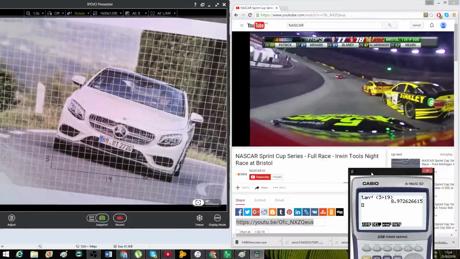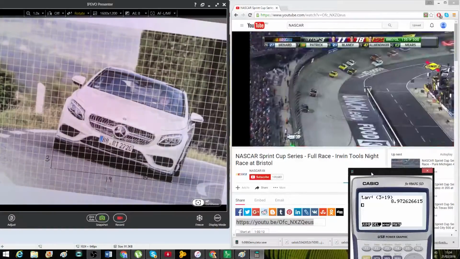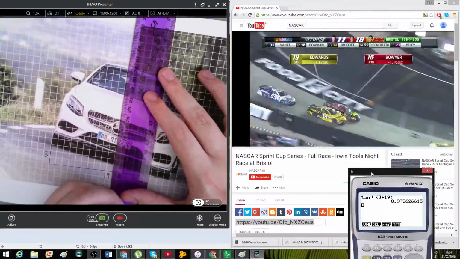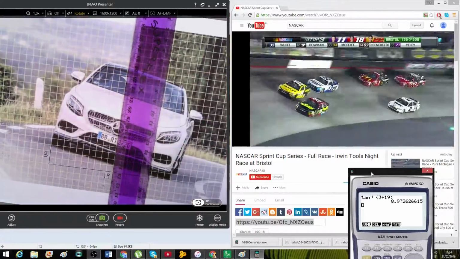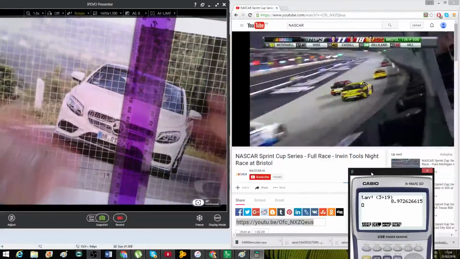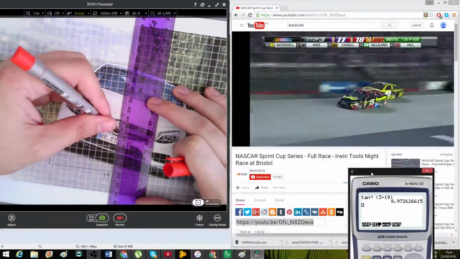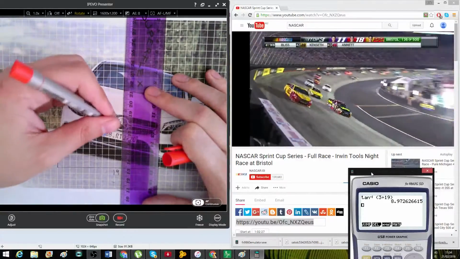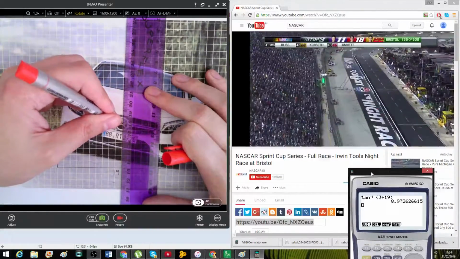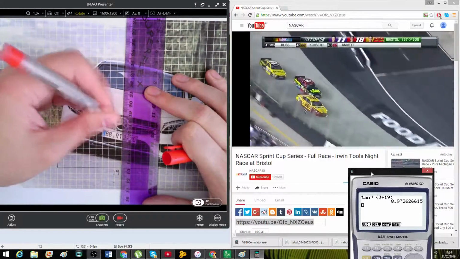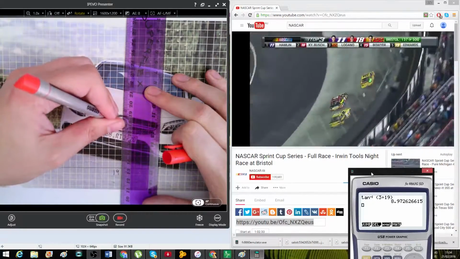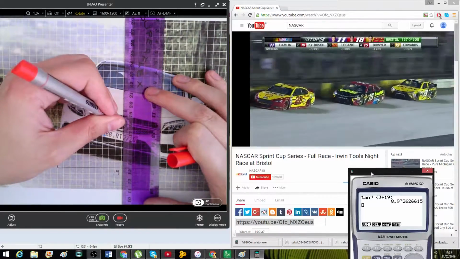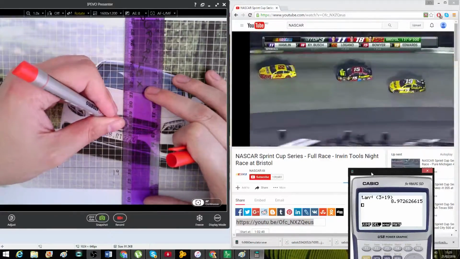Okay, so let's talk about the forces. I'm going to draw some force vectors on here. It doesn't really matter how big they are when you first draw them, so long as you get the relative idea. First thing I'm going to draw is weight. I lined up my grid so that it would fit in the middle of the Mercedes-Benz icon.